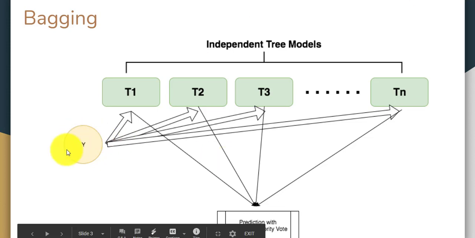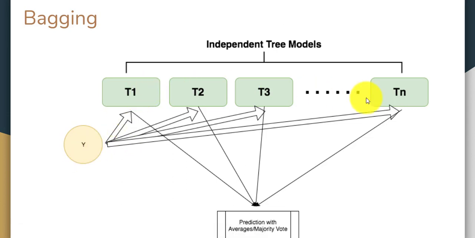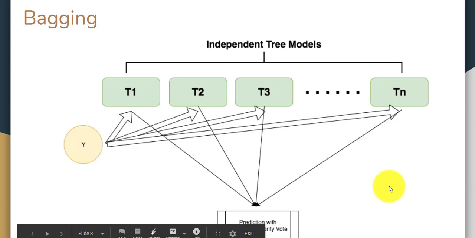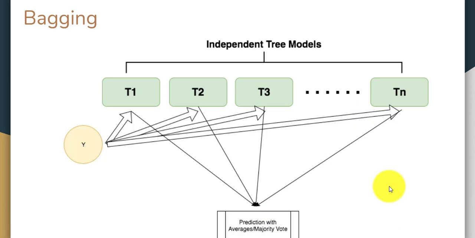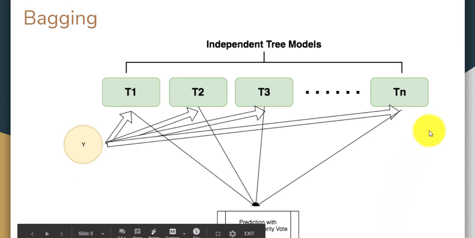For example, the same data goes to multiple trees and every tree is trained in parallel, and at the end we combine their outputs by taking majority votes in the case of classification and average in the case of regression problems. This is the typical setting we have in the case of random forest, right?